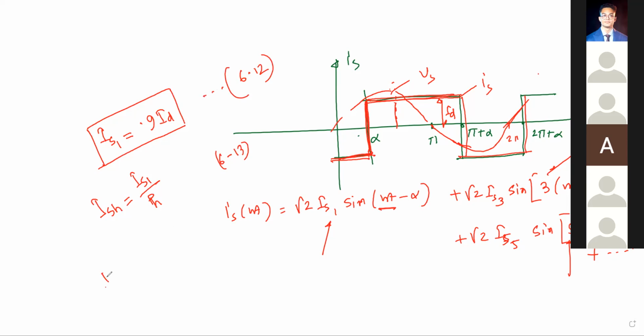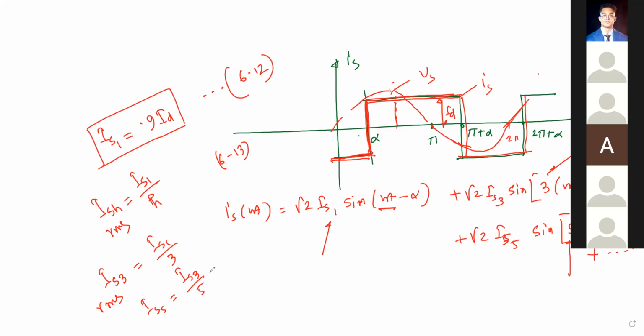So we can find out the other components: the third harmonic will be IS1 by 3, then the fifth harmonic will be IS1 by 5. These are, of course, RMS values. This way we can find out the other components.